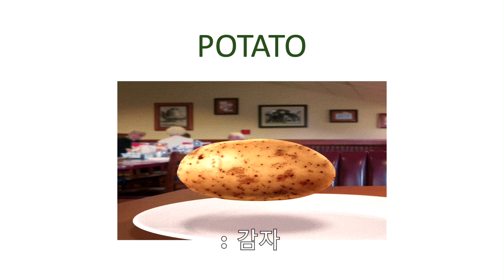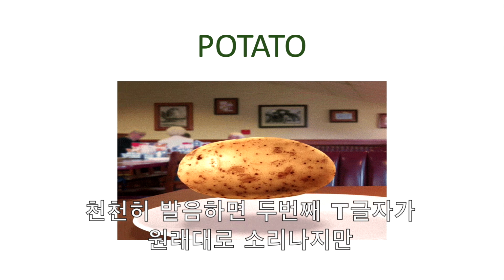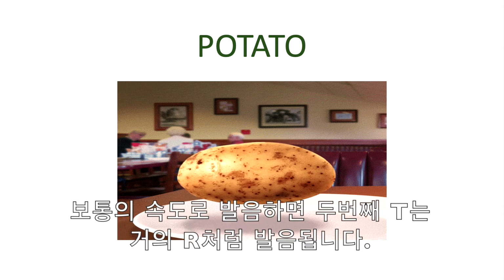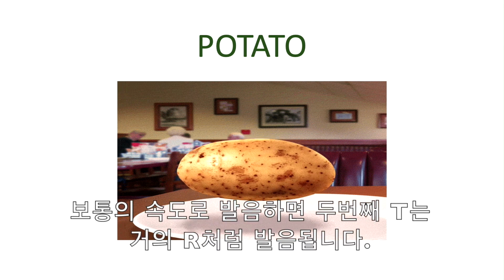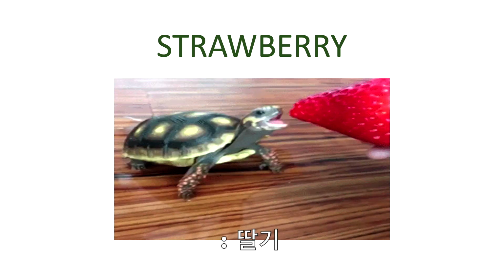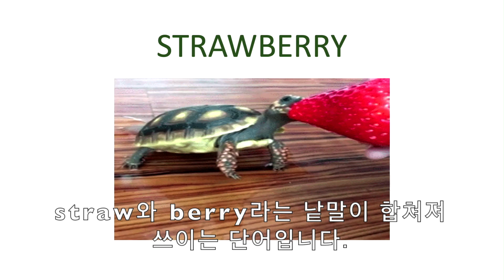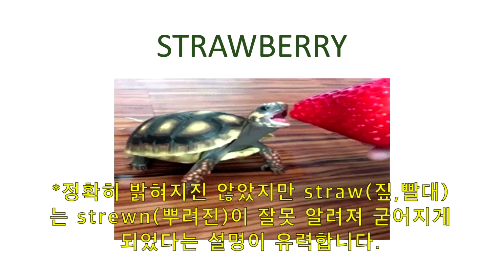Potato, potato. When you read slowly, it's potato, but with natural speed, it sounds like potato. The second T sounds like R. Strawberry, strawberry. Two words are going together, straw and berry, so strawberry.